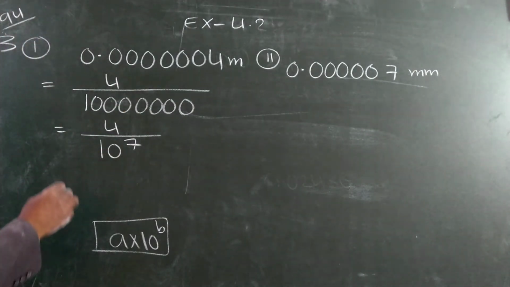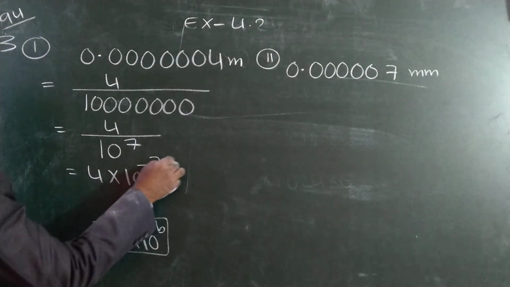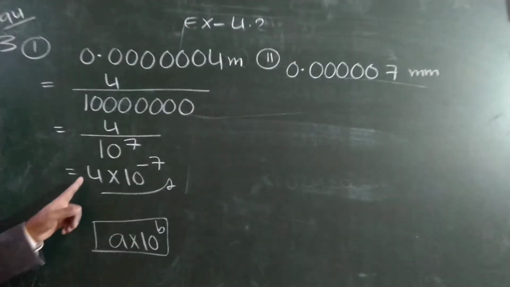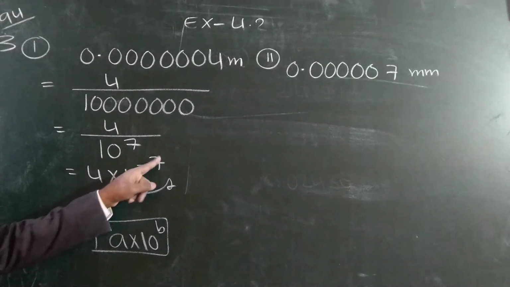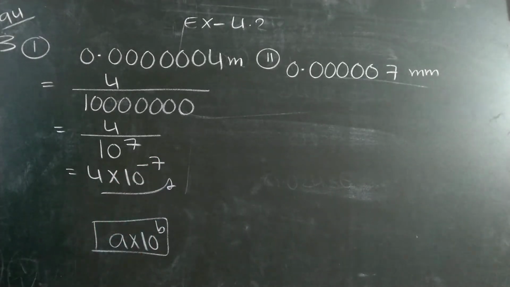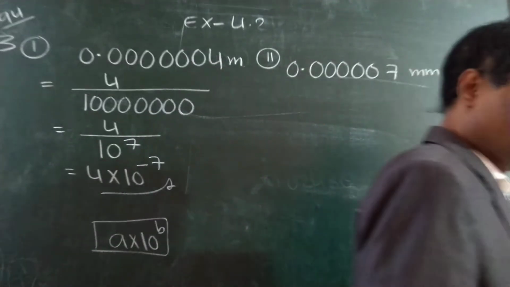Take it into the numerator. This is the standard form. If it is only one digit into something to the power of something, the 10 to the power of something, this is the standard form. Same way you do it, simple, and get the textbook answer.